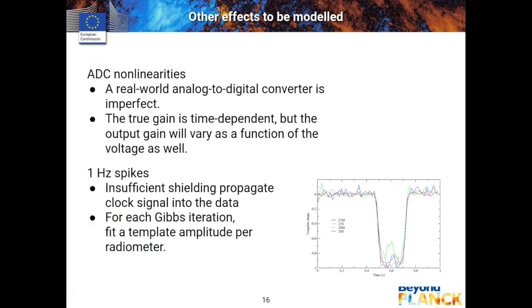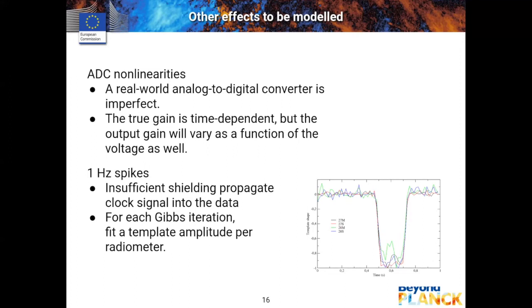The second thing we can do has to do with the 1 Hz spikes. Basically, on board the instrument, there was a clock, and the clock was not shielded well enough. So the signal from this clock leaked into the time stream. That gave rise to these spikes at 1 Hertz.